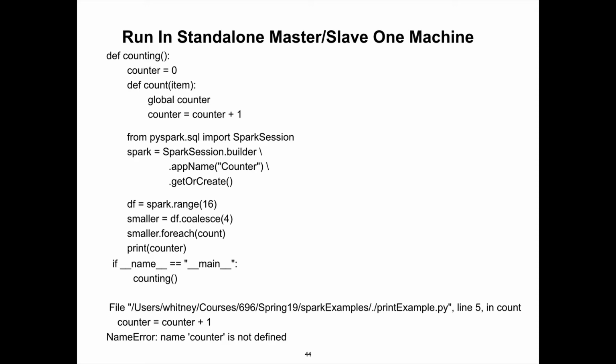So not only do you have to be aware of what code is running where, but you have to be careful of what happens when you submit it different ways. Again, we're assuming that there is a global environment that this function counter or count exists in.